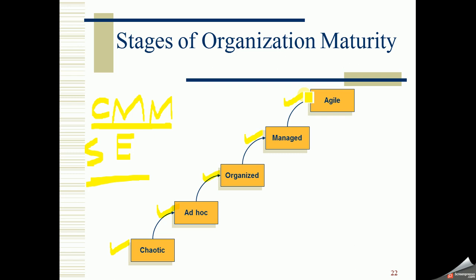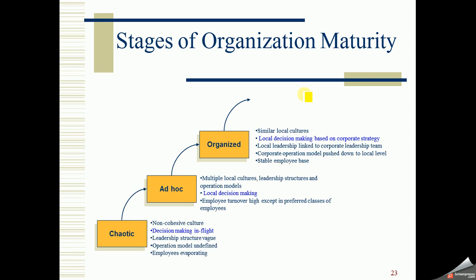Let's quickly go through these different stages or levels. The first, chaotic. As the name implies, there is chaos. Actually, there is no culture in the organization. It is just a mess. Decision making is in flight. All the decisions are made at runtime, on the fly.